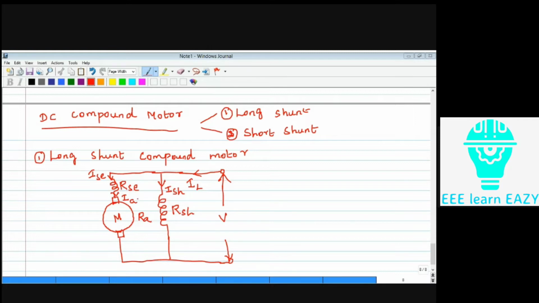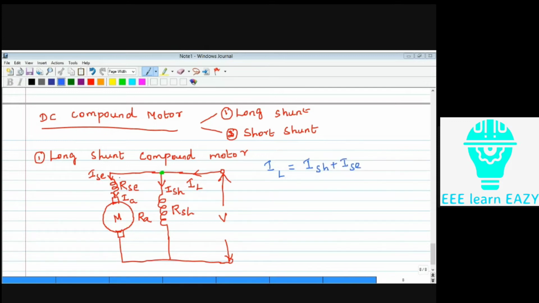We can write the current and voltage equations. First, let's write the current equations. As you see here, this point is a node or junction. At this junction, what is the incoming current? IL is the incoming current. There are two outgoing currents, I shunt and I series.